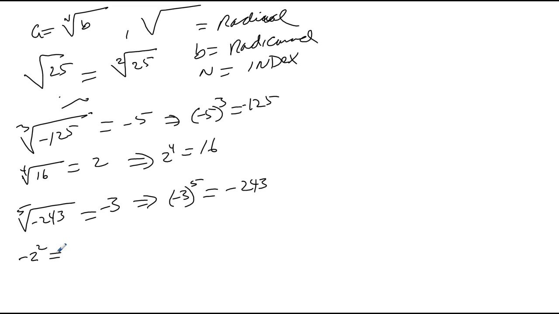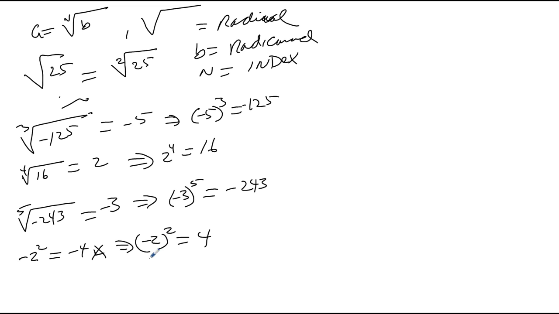So if you write minus 2 squared, it is equal to minus 4, because you're squaring the 2, you're not squaring the minus. So this is the wrong answer right there. What you need to do is say minus 2 in parentheses, squared, is equal to 4. Remember, the exponent operates on the number just to the left of the exponent.